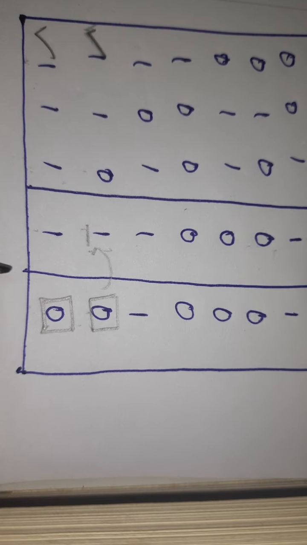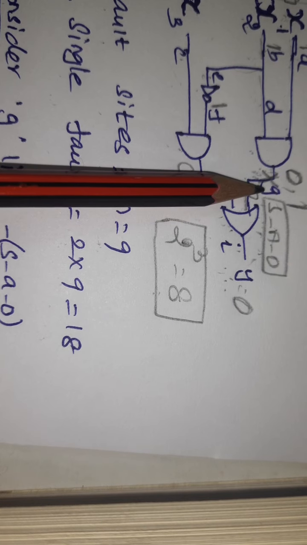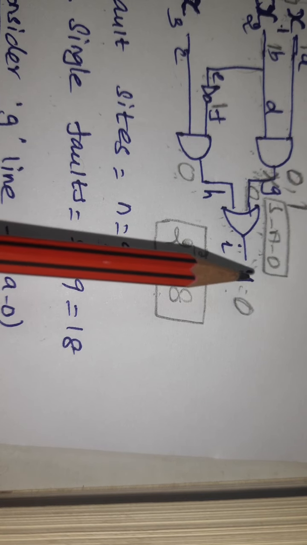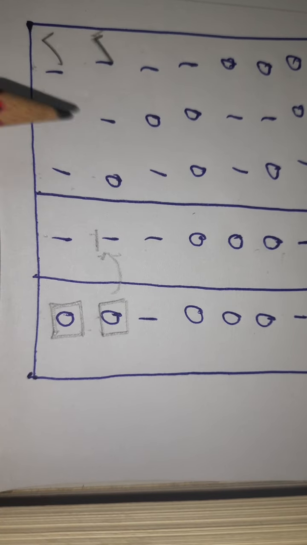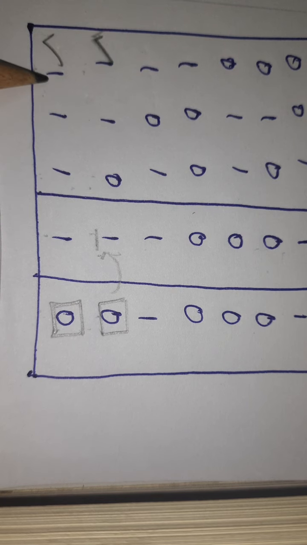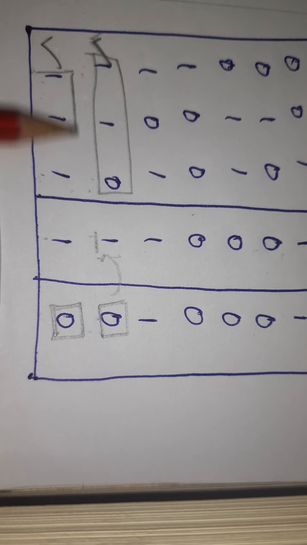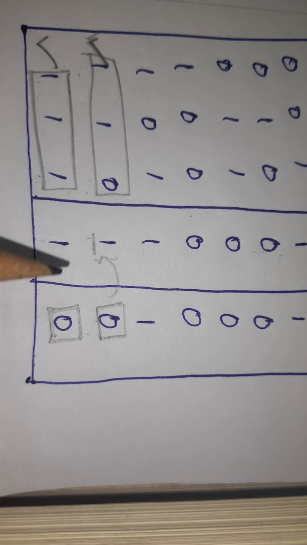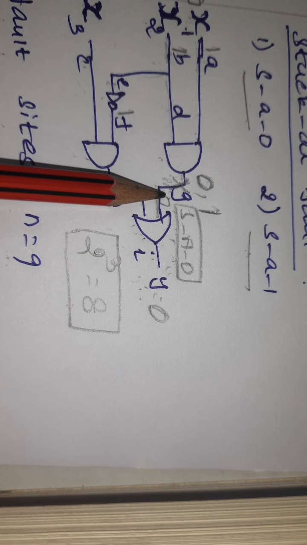So from this table we are able to find which test vector to apply to detect that the G line is affected by stuck at 0. The test vectors are 1 1 0 and 1 1 1. Only when we apply this combination of inputs are we able to find the fault in this G line.